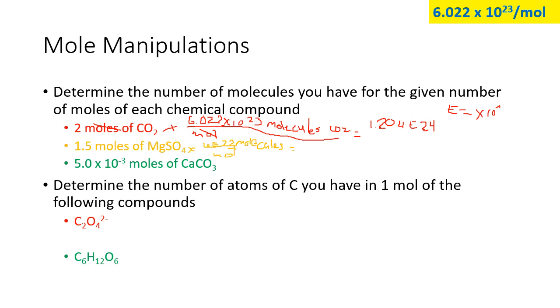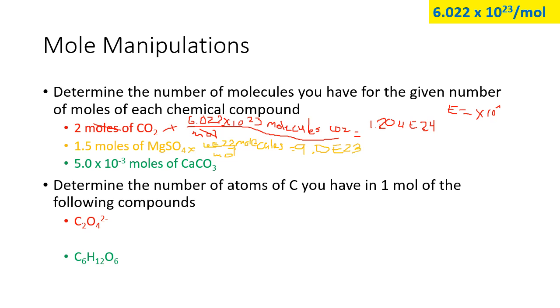All right, so if we multiply 1.5 times 6.022 times 10 to the 23rd, we get 9.0 times 10 to the 23rd.